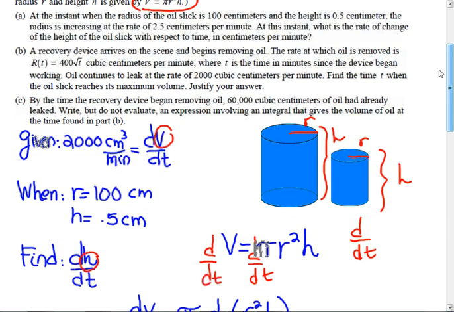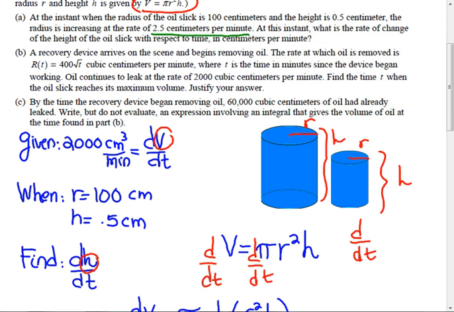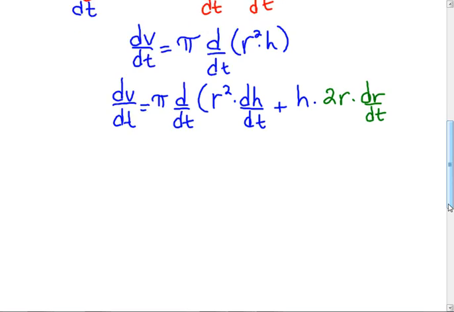It says the radius is increasing at 2.5 centimeters per minute. So I'm going to put that here. dr/dt is 2.5 centimeters per minute. Okay, that helps. So I have dV/dt, I have dr/dt, and I want to find dH/dt, so that should be a clue that I have to use the product rule.